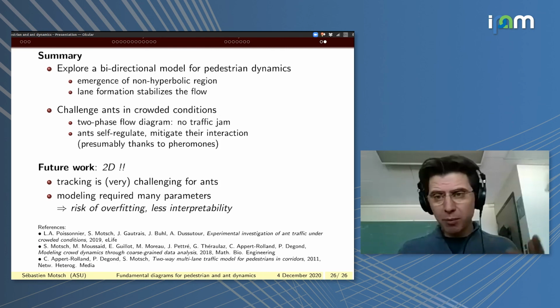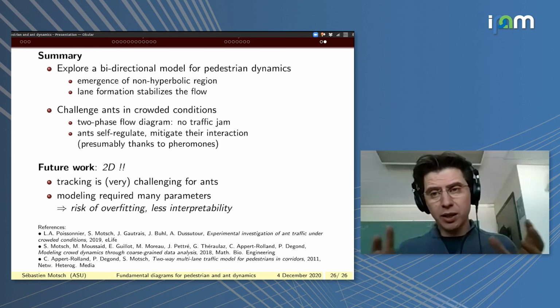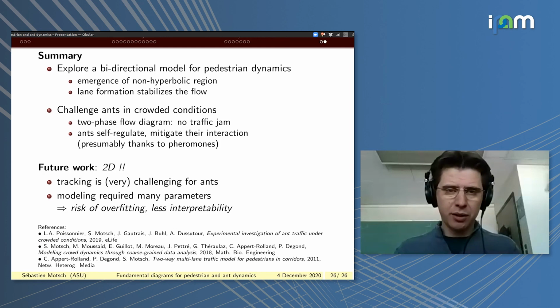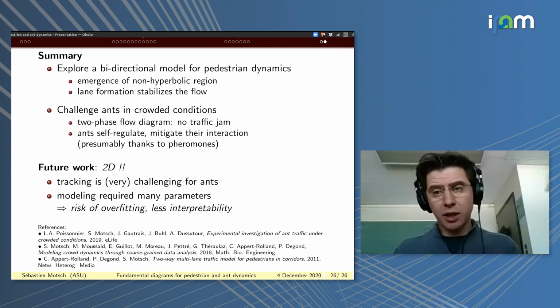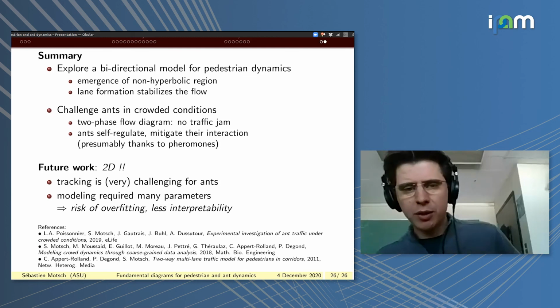There are more complex ways that they interact to mitigate this decay of the flux. So they don't go out if there are too many ants, but also avoid interaction. So at the end, we result in a much more efficient fundamental diagram.